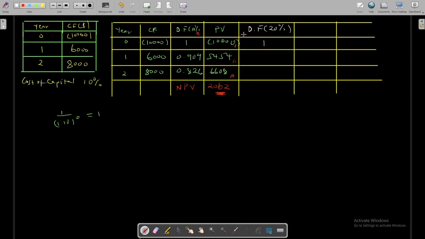Now a discount factor at 20% for year 1 will give us 0.833, and for year 2 is going to give us 0.694.